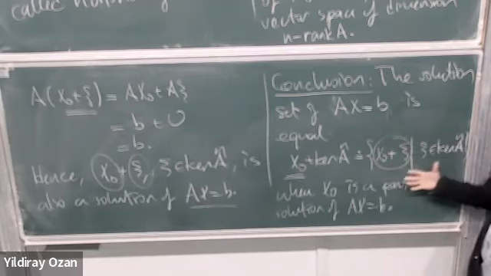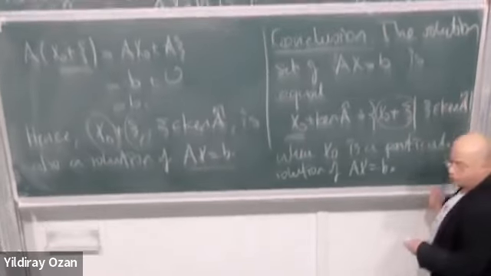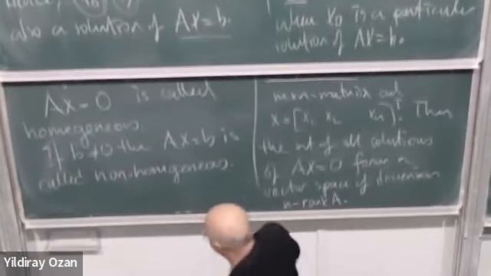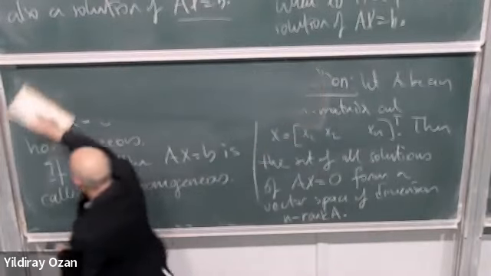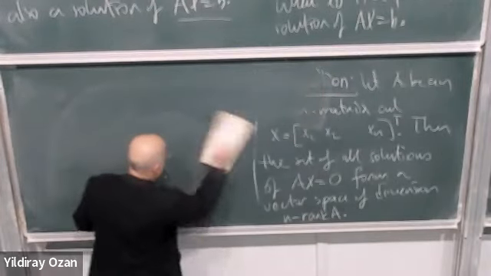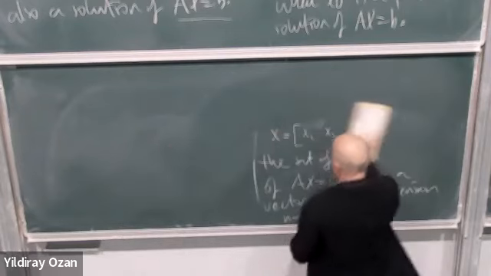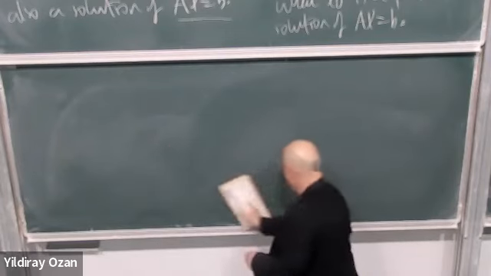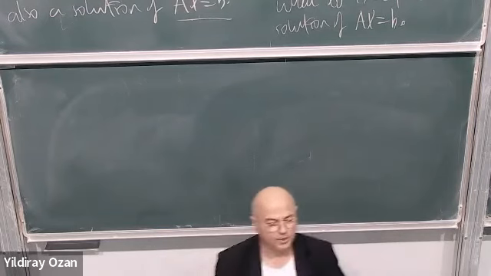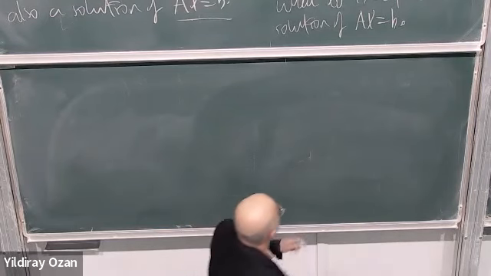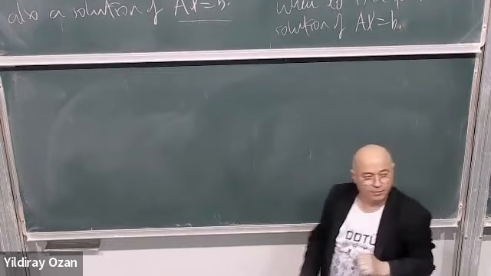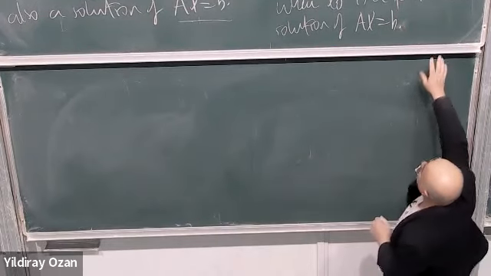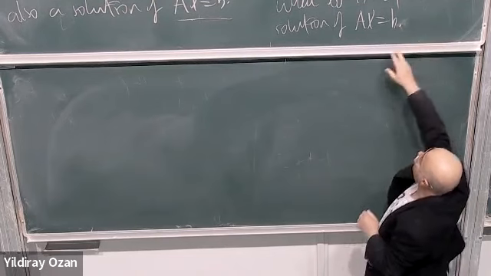So this is not a vector subspace. Maybe I should write this. X0 should be the solution of Ax equal to b.